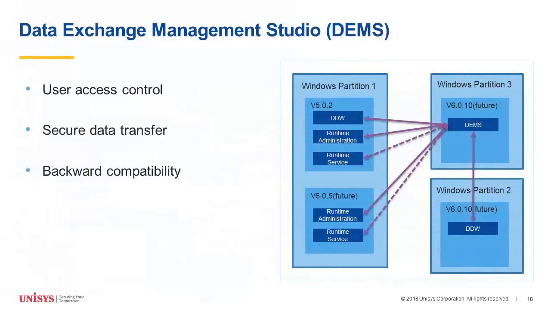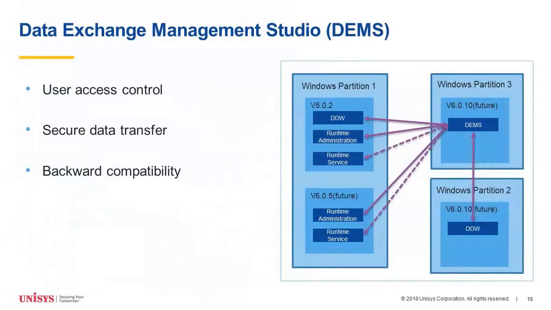Just going to DEMS in a little more detail because it's a new component. It's an independent component of Data Exchange, and it is installed separately and first. DEMS lets you define who can do what and where. It's a management center used to define user access to different Data Exchange components, such as DDW and the administration site. In addition, restrictions can be defined as to who can install other Data Exchange Windows components. DEMS also provides security settings for secure data transfer.